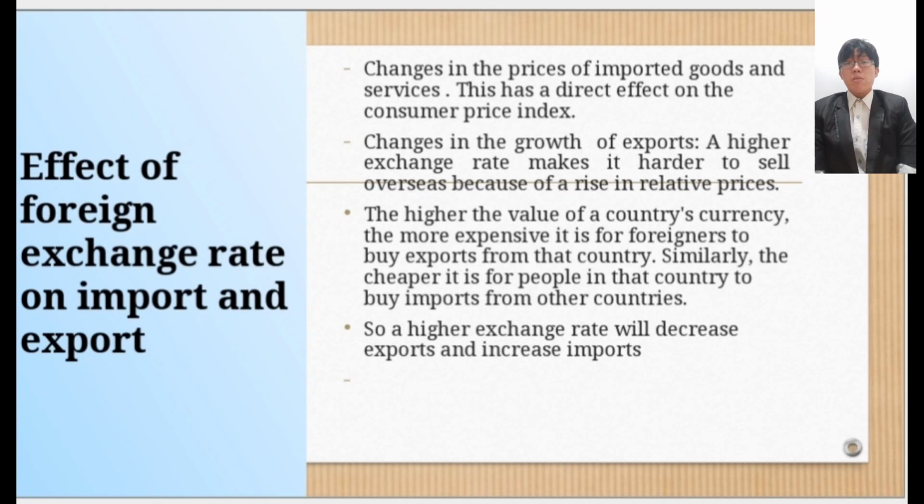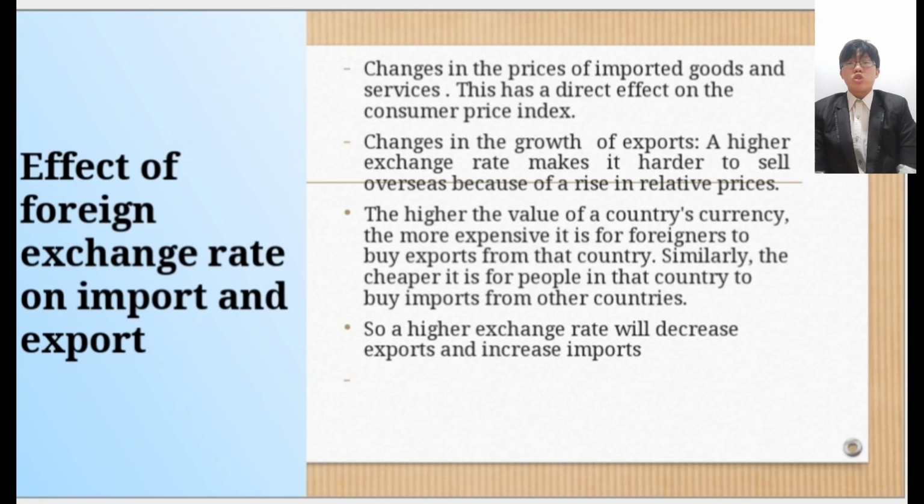It means they need more ringgit to purchase the same amount of foreign currency to buy goods and services. It also means Malaysian importers will have reduced purchasing power. When the value of the ringgit is higher than the foreign currency, the price of imported goods will become cheaper.